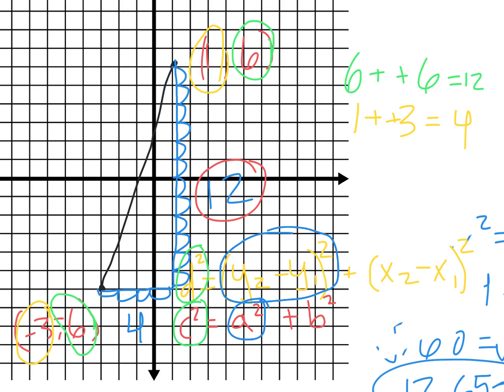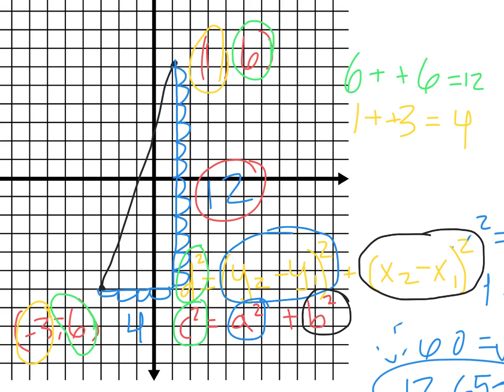And I'll switch to black on this one. Then my difference in x values, so my x2 minus x1 squared, is my other leg, b squared. So all this is, it's the Pythagorean theorem using coordinates.